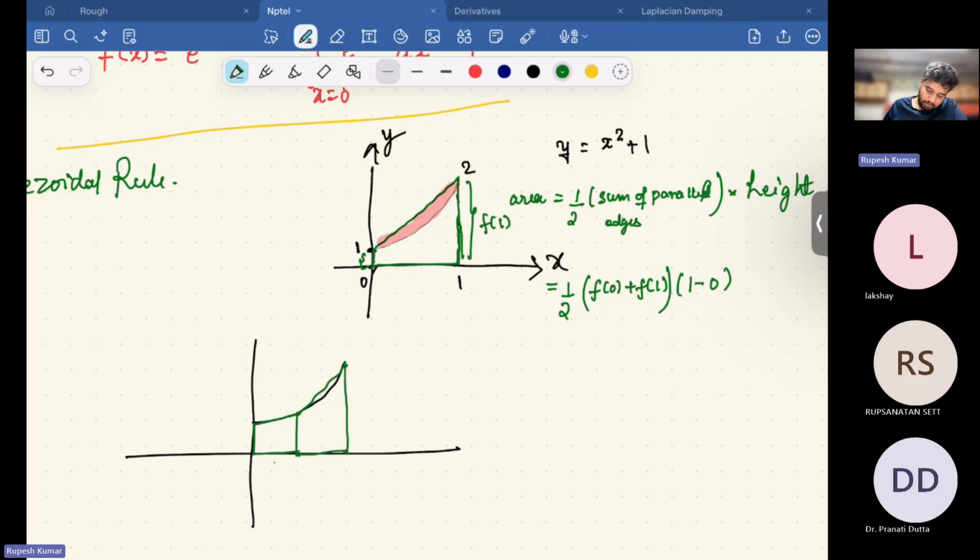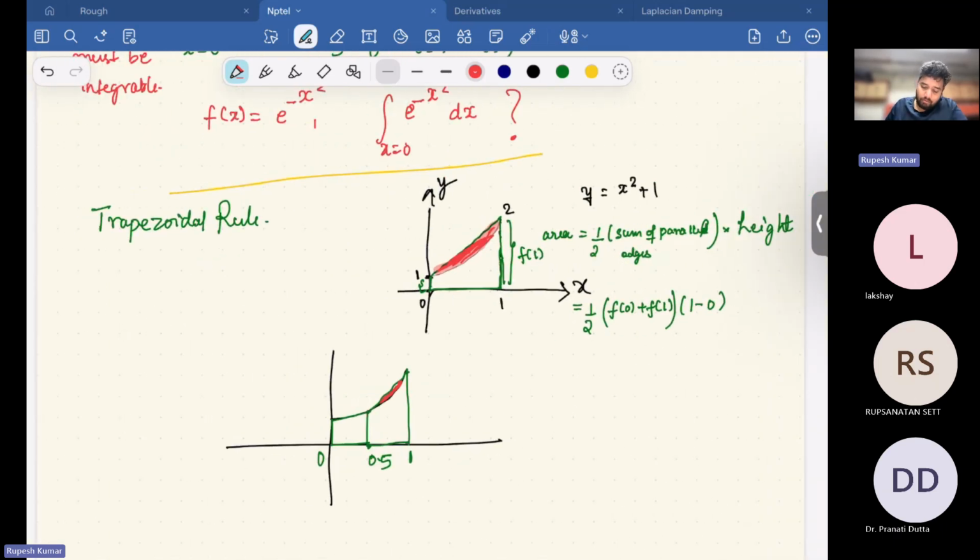So let's say this point was 0.5, this point was 0, this point was 1. Now you can see the error has reduced to only this much, from this much error. So as you increase the number of trapeziums while approximating during the quadrature rule, you will reduce the error, right? So we all know the formula now for computing the trapezoidal rule, right?